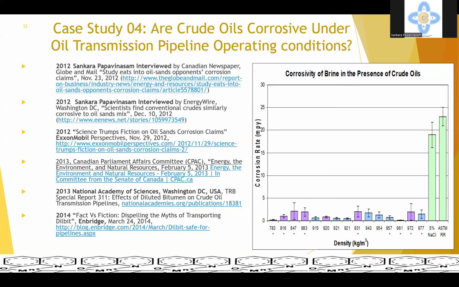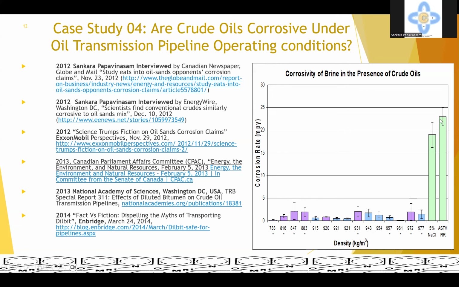With this one graph, I was able to convince the politicians, the environmental groups, and the newspaper agencies. So that is the greatest merit of the precision and bias, or repeatability and reproducibility statement.